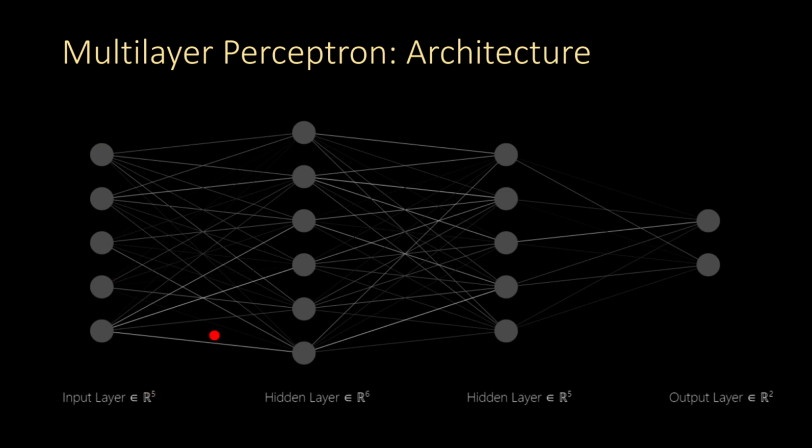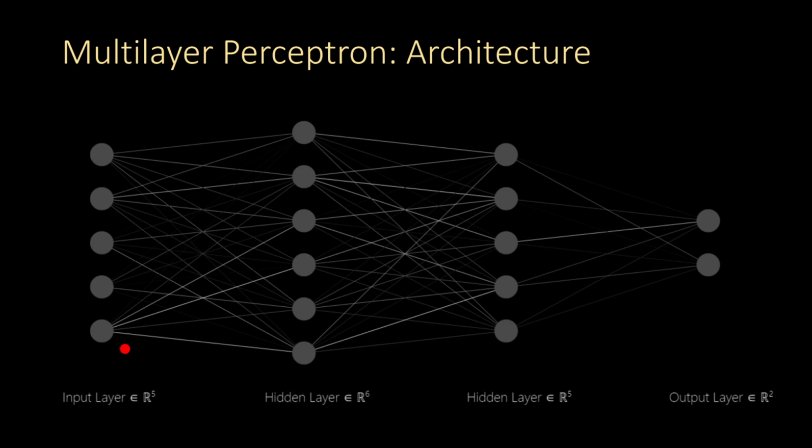Some processing takes place with the weights, and the transformed data will end up at the first hidden layer. Again, processing occurs via weights, and further transformed data will end up at the second hidden layer, so on and so forth until the output layer.